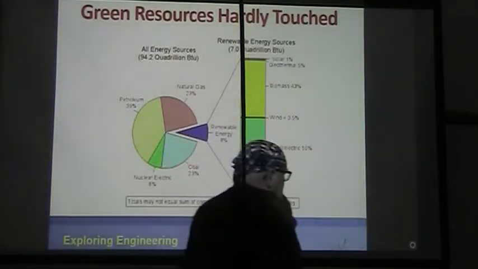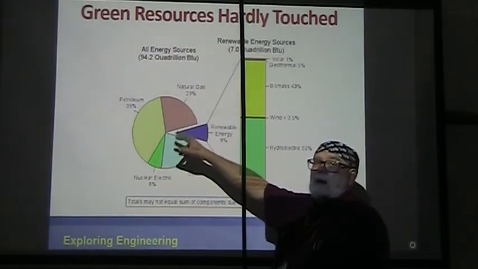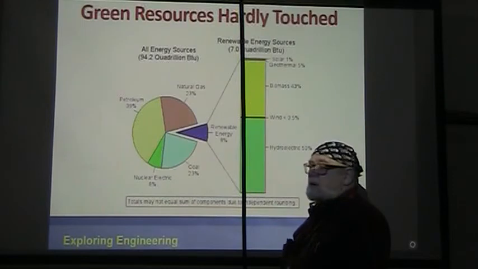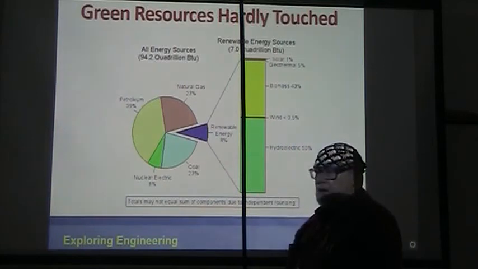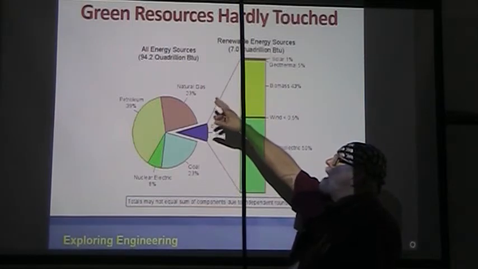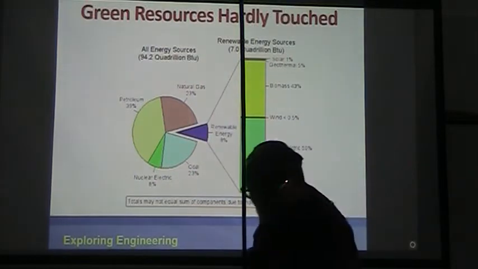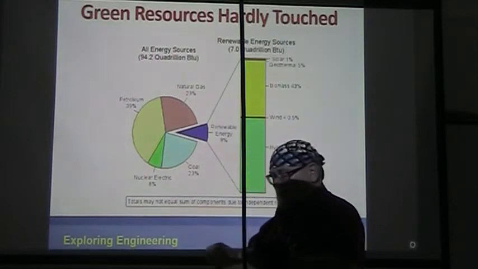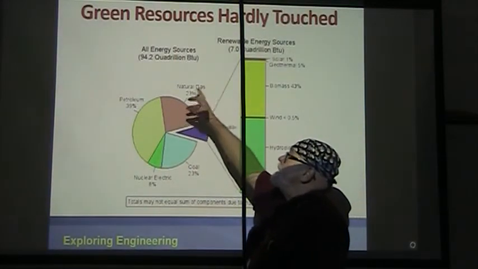Okay, so now these figures are probably somewhat old. They don't give any attribution of when this was made. All right, so we say that all energy sources that are used by man are 94.2 quadrillion BTUs.